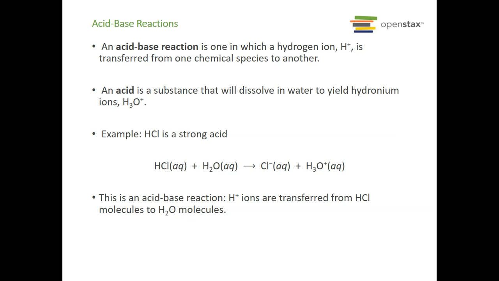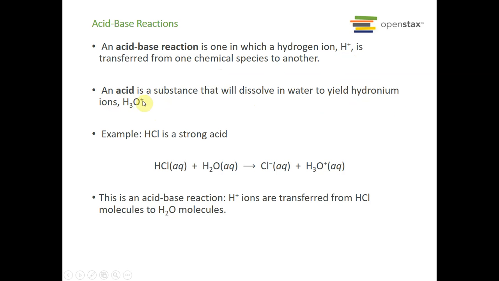An acid is a substance that will dissolve in water to yield, let's just call it the hydrogen ion. The hydrogen ion also associates with water, so water is H2O with no charge. So the H+ associates with water and forms what's called the hydronium ion.